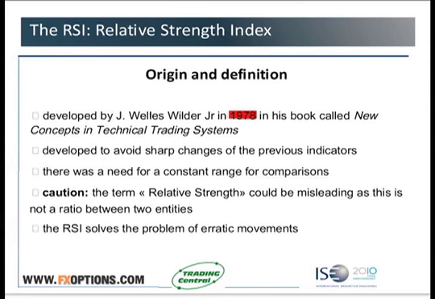So it was developed to avoid sharp changes of the previous indicators, such as the momentum, because as I said before, the momentum was a subtraction between the price, for example, 10 days ago and the last price.